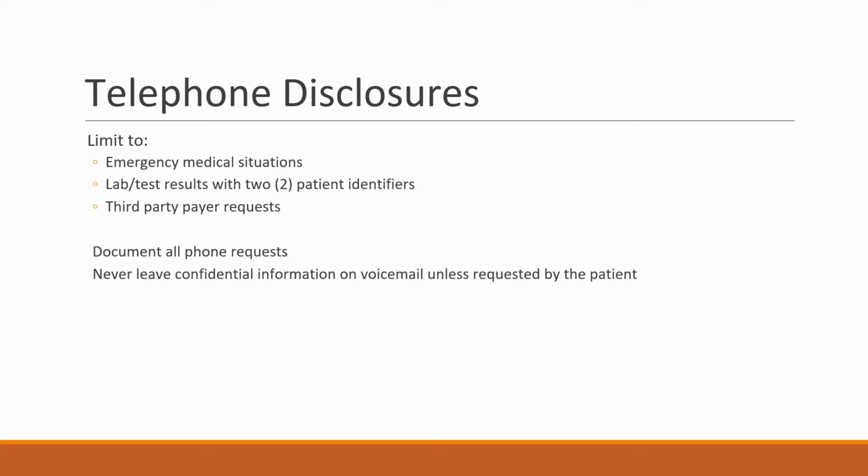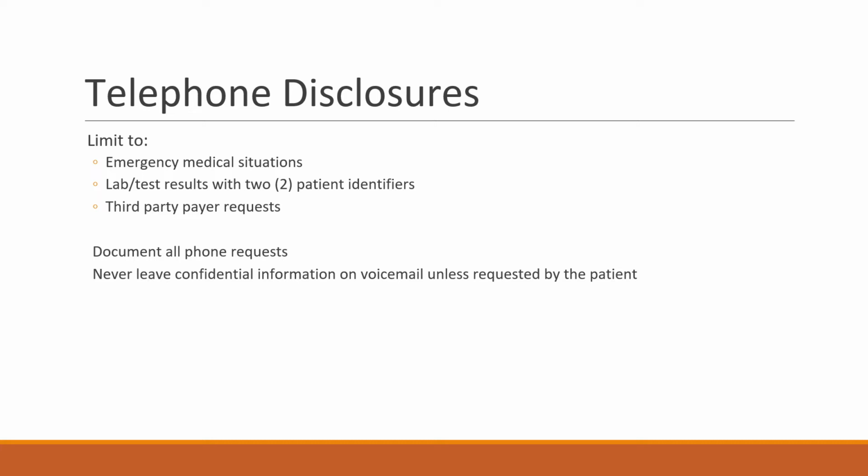You should also limit the disclosures to lab results and tests, and you should always be asking for two patient identifiers. When you are disclosing information over the telephone, you really, really want to be careful to make sure you know exactly who you are talking with.